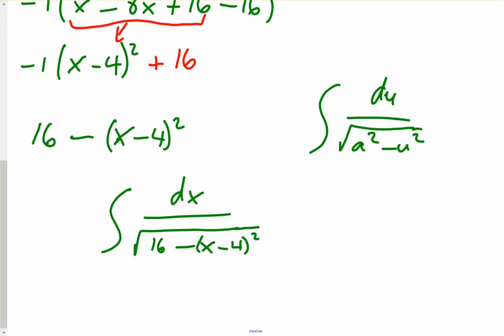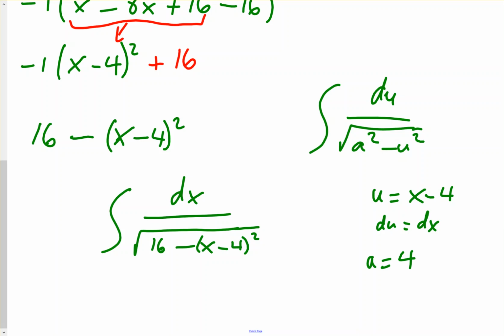So that means for us, the u would be x minus 4, and that makes du equal dx, and then a would just be the square root of 16, which is 4.